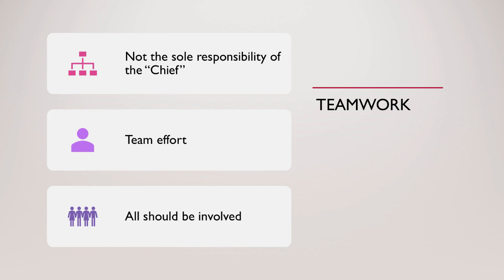From the very top to the very bottom, it's a complete team effort, and everyone really should be involved in this process. So if your director just comes down and gives you an objective to shoot for this year, you're not going to be quite as happy, not going to buy in quite as much as if you were part of that conversation.